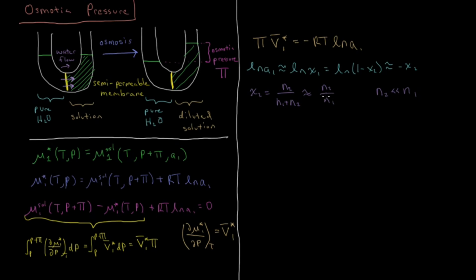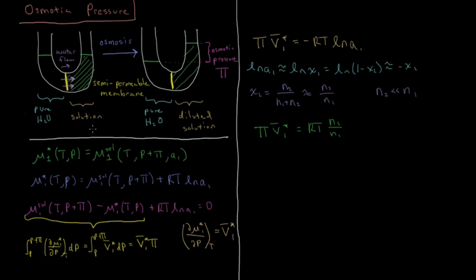Okay, so we can substitute in that fact up here, and when we substitute that in, we're going to have pi times the molar volume of water equal to RT times N2 over N1.